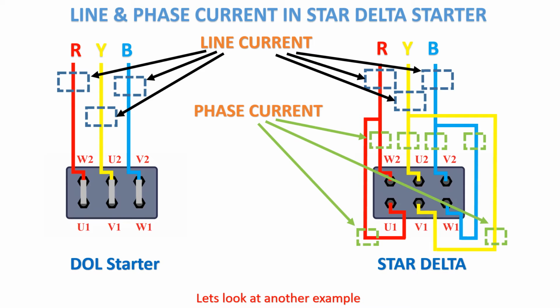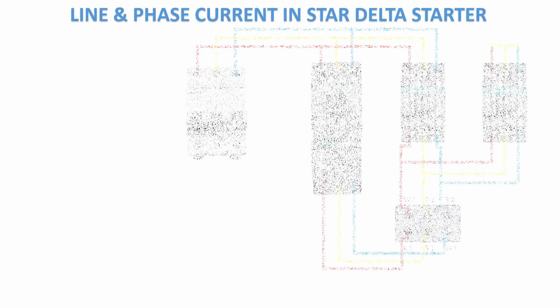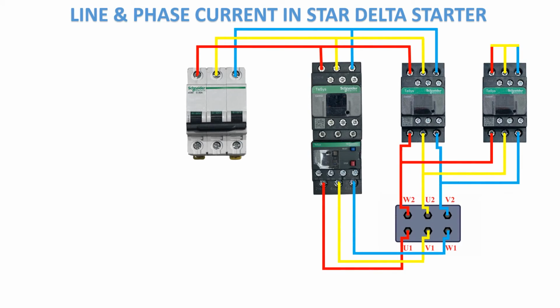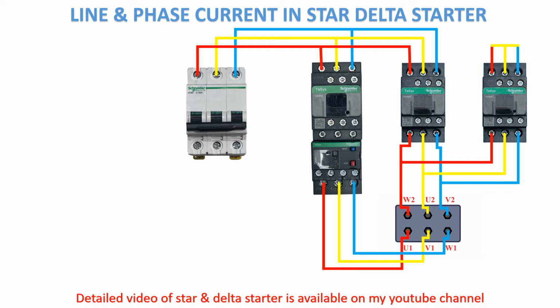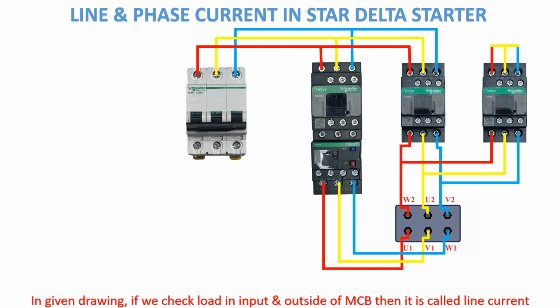Let's look at another example. It is the power drawing of star delta starter. A detailed video of star and delta starter is available on my YouTube channel. In the given drawing, if we check load at the input and outside of MCCB then it is called line current.